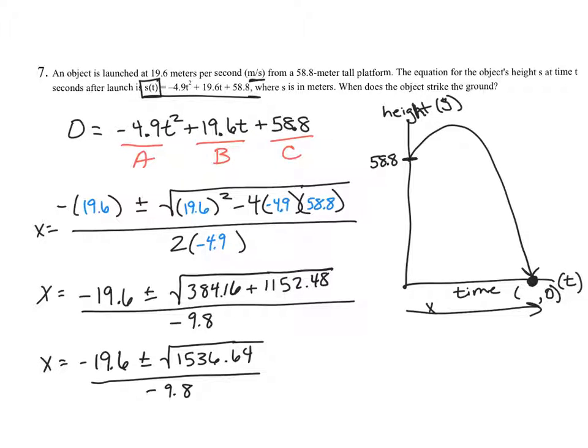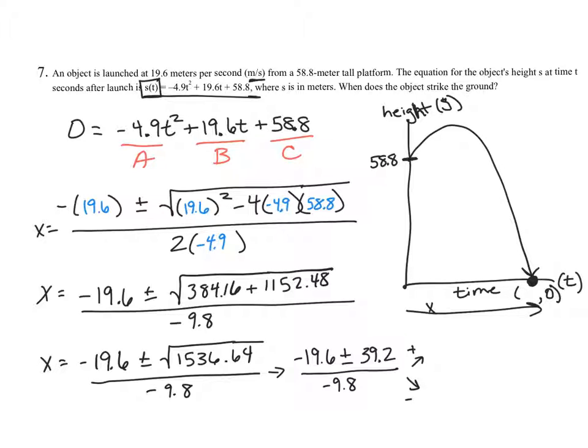As we continue to solve this, we're going to get negative 19.6 plus or minus 39.2, because the square root of 1536.64 is 39.2, all over 9.8. This is where we break off and do our positive and negative answers.